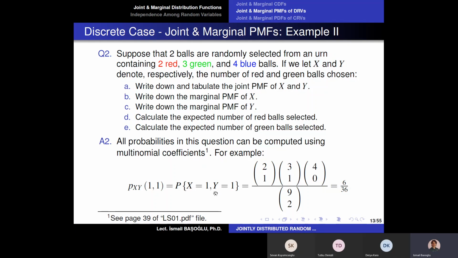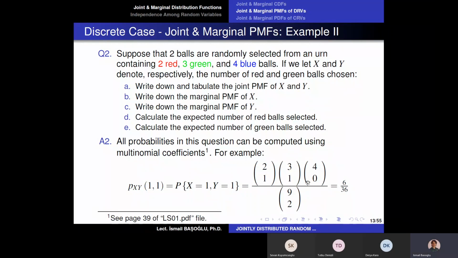Now, for example, we can select two red balls. When we select these two balls, we can possibly select two of the red balls. In that case, we will have the joint probability mass value of X being equal to 2 and Y being equal to 0. And in the numerator, we are going to write 2 choose 2, 3 choose 0, and 4 choose 0.